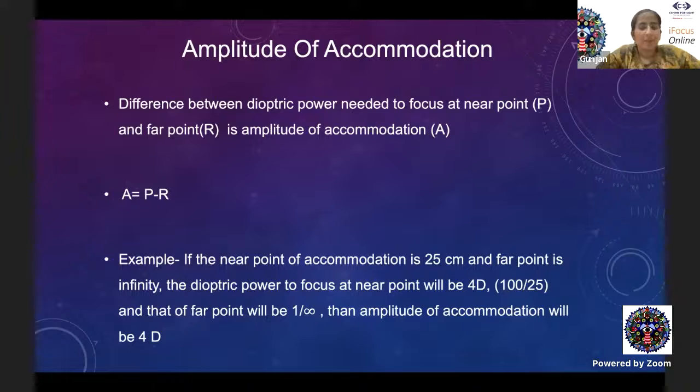The dioptric power needed to focus at the near point will be 4 diopters, because the distance has to be measured in meters, so it will be 100 by 25, which comes to around 4 diopters. The far point is infinity, so it will be 0. So the amplitude will be 4 diopters, that is the difference between the near point and the far point in diopters.